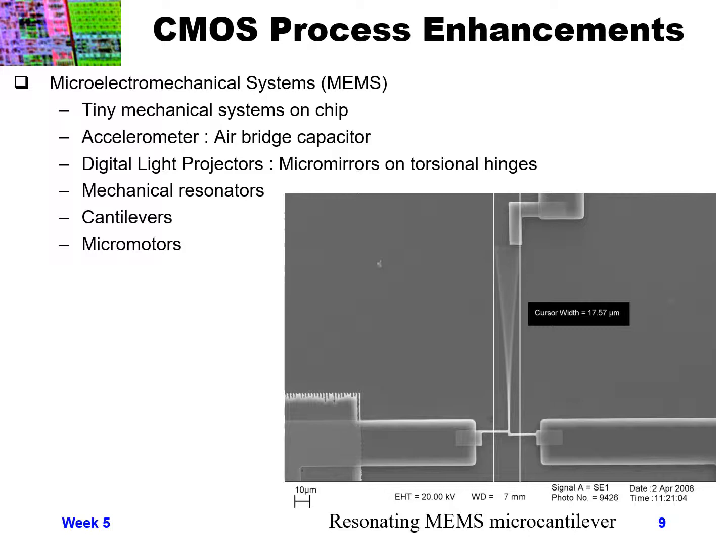Creating mechanical resonators, cantilevers, micromotors. The figure below is showing a resonating MEMS microlever. You can see on the very bottom where the lever is connected to a T-like structure, and as you go up from the bottom T, it gets a little fuzzier because this is a still picture, but it's showing something that's resonating.